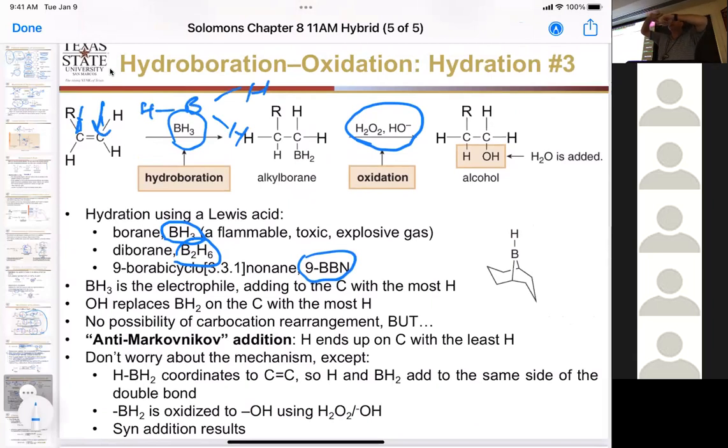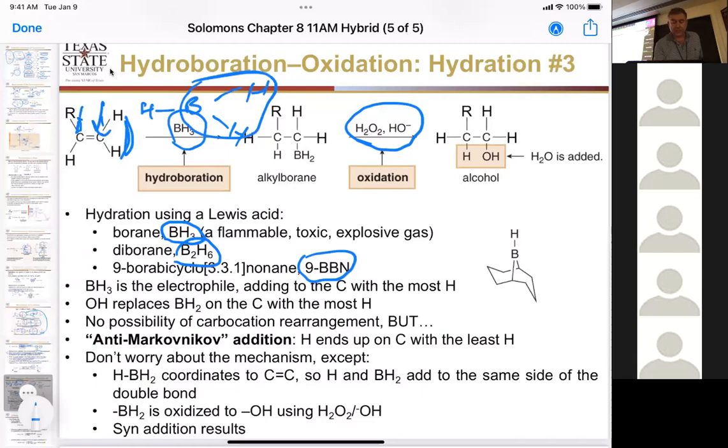That's why the boron transfers directly to the least hindered carbon, and the hydrogen goes to the more substituted side. Think of it as the boron group being big, so it adds across the less sterically hindered side. That's why it goes anti-Markovnikov, because it's too big and we're not forming a carbocation.